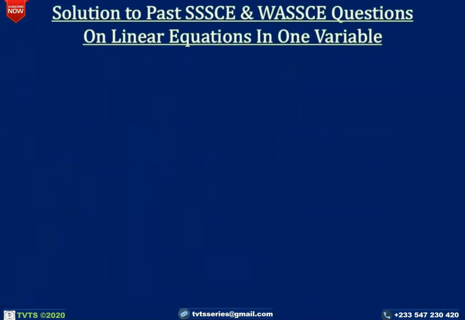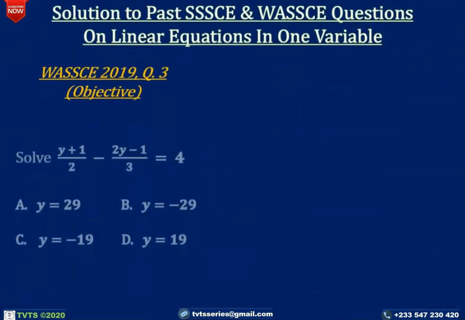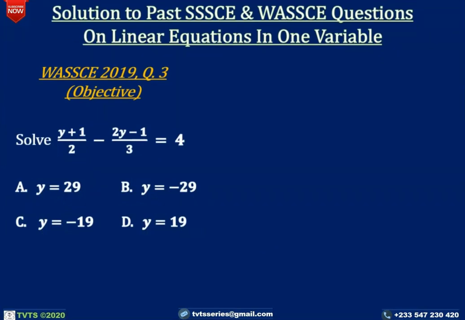Objective question 3 of WASSCE 2019. Solve y plus 1 all over 2 minus 2y minus 1 all over 3 is equal to 4. Solution.